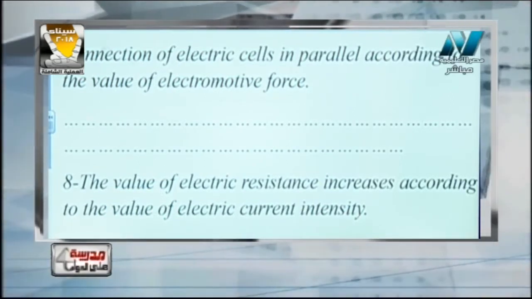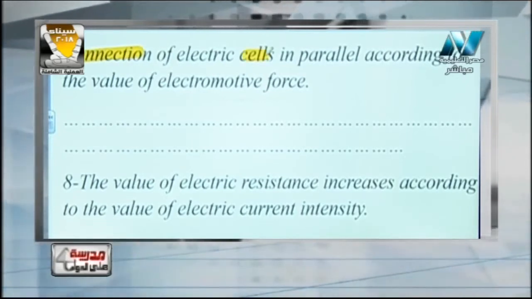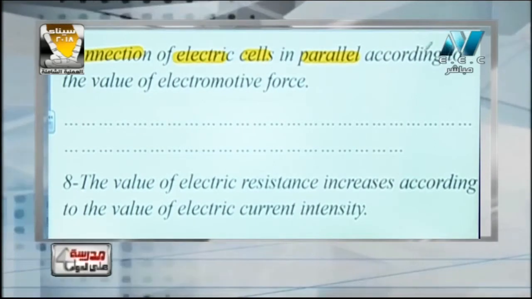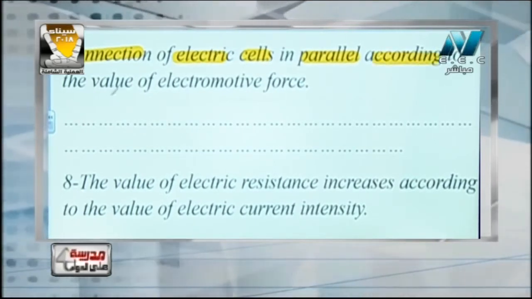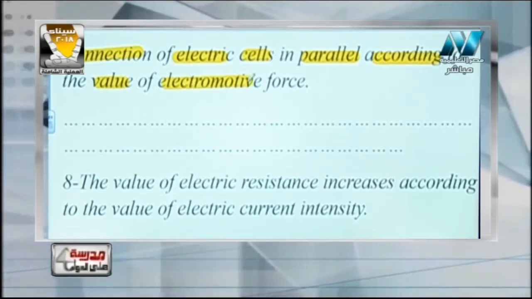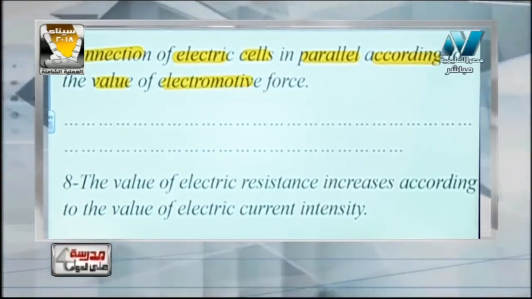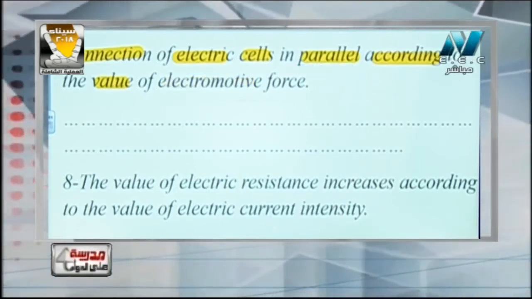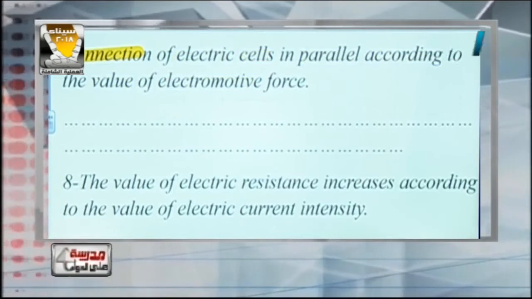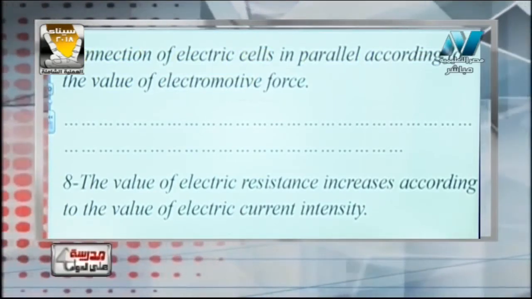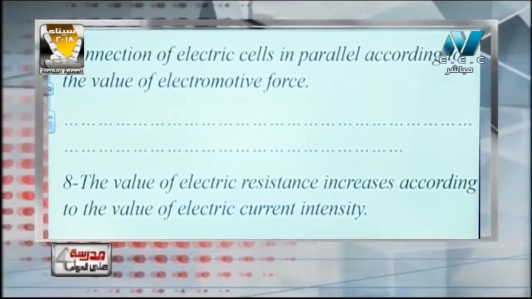Next question says: what happens when connecting electric cells in parallel, according to the value of electromotive force? If we connect the electric cells in parallel, according to the value of electromotive force, we have two possible values, maximum or minimum.